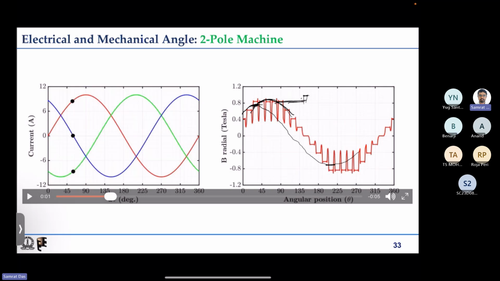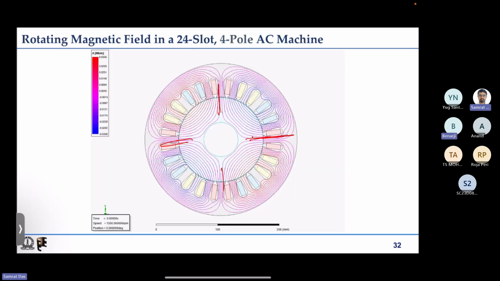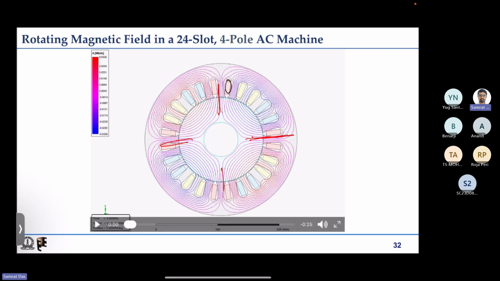These steps are coming because of the slots, because you are putting currents concentrated in certain slots.